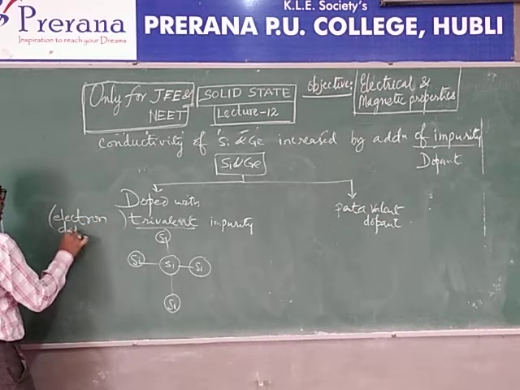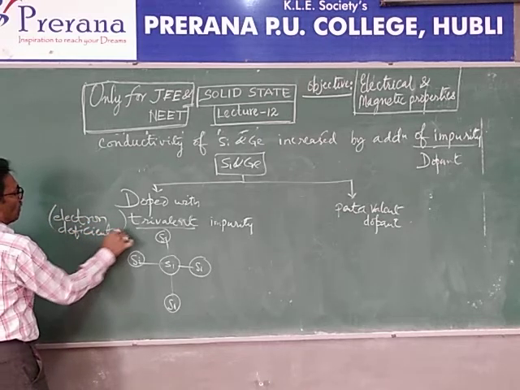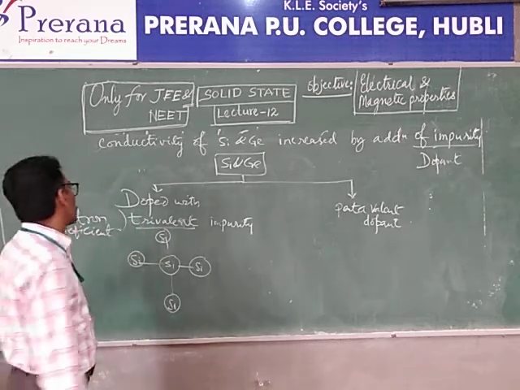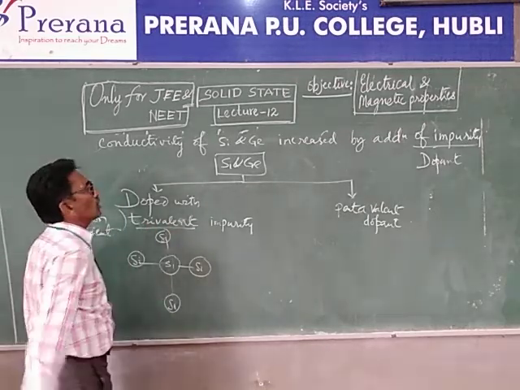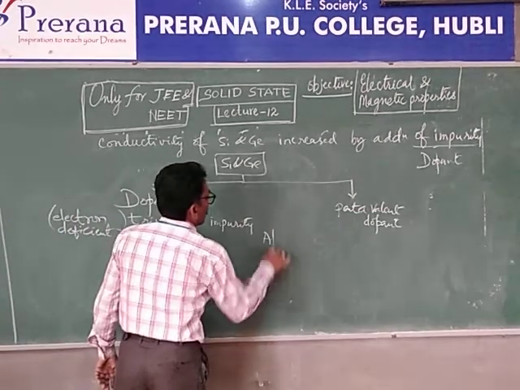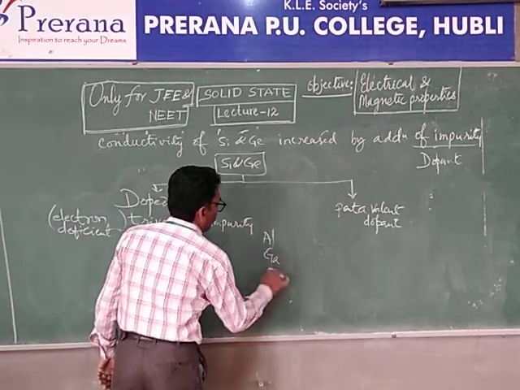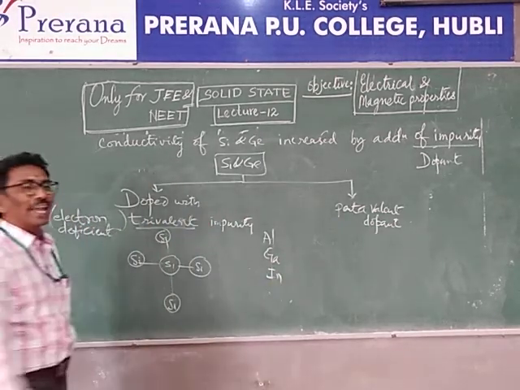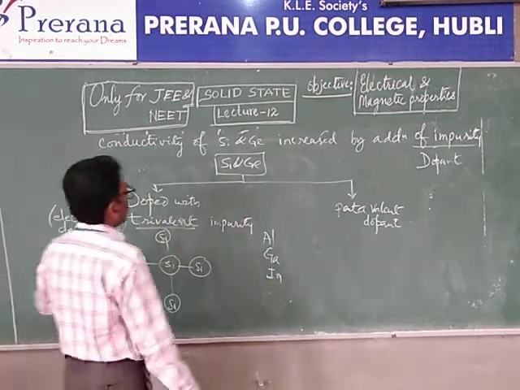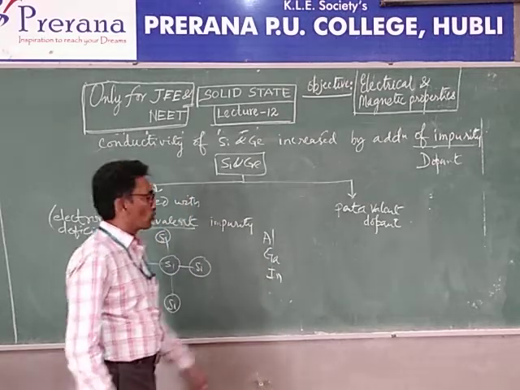What is trivalent? It has 3 valence electrons, as observed in aluminium, gallium, indium. 13th group elements are examples that behave as electron deficient, as their outer shell has 3 electrons.